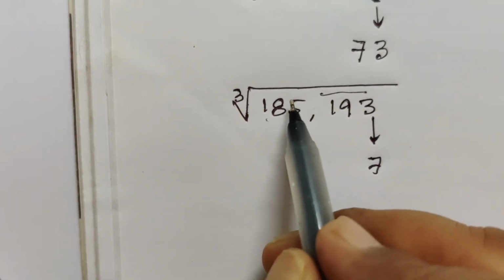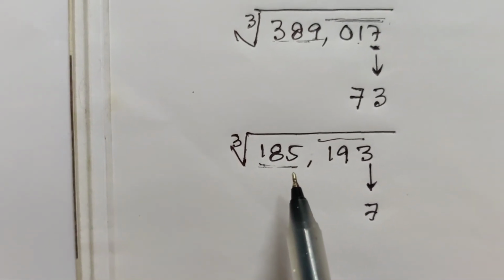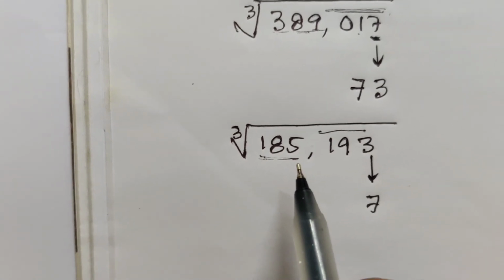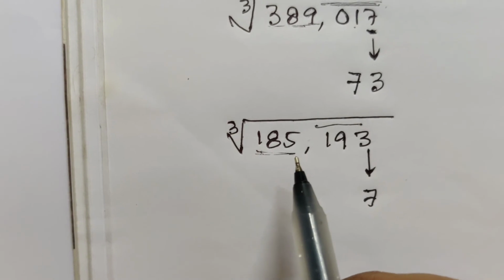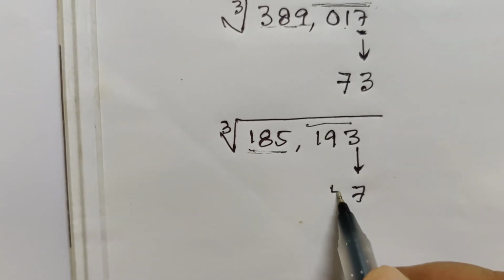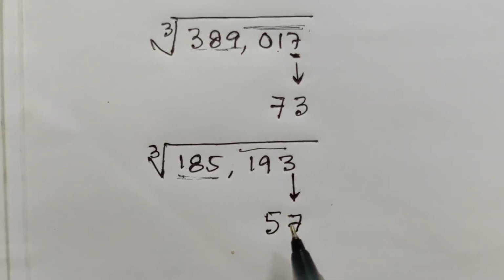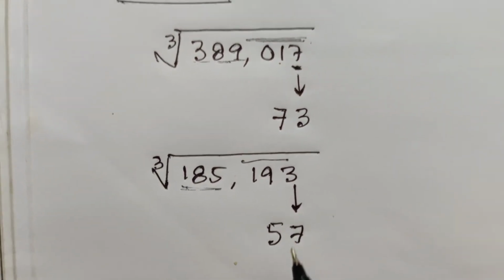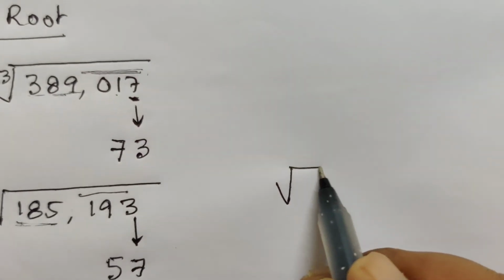Leave this part, come to this part, 185. 185 is before 216. 216 is the cube of 6. So we have to take 5, 57. Therefore the answer is 57. Isn't it prompt? We can do it in a very fast method.